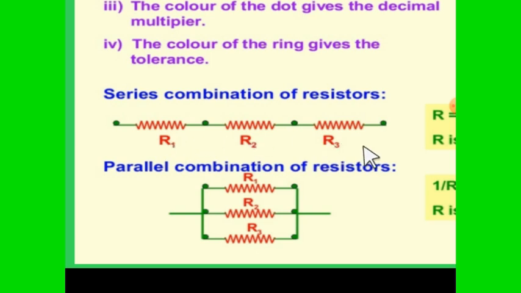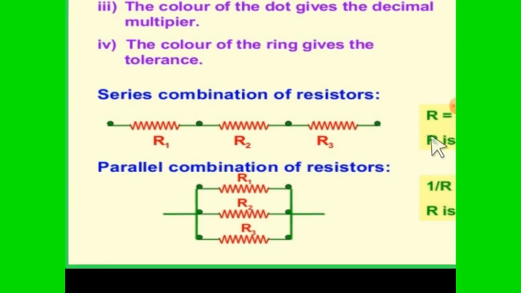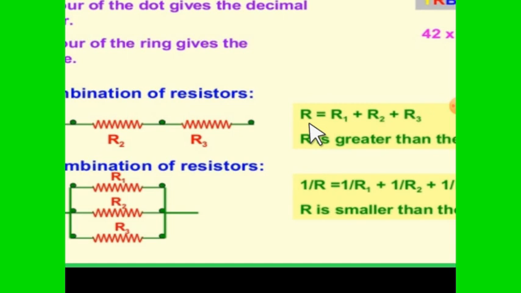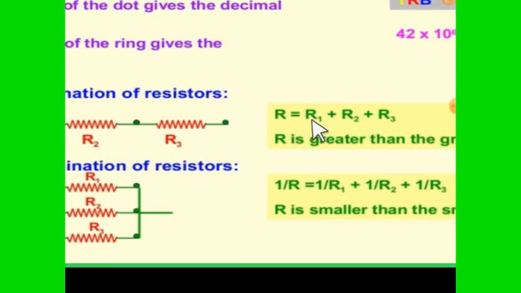Suppose R is the equivalent resistance of resistors connected in series, then this R will be equal to the sum of the individual resistors. R, the equivalent resistance, will be equal to R1 plus R2 plus R3 in this given figure.